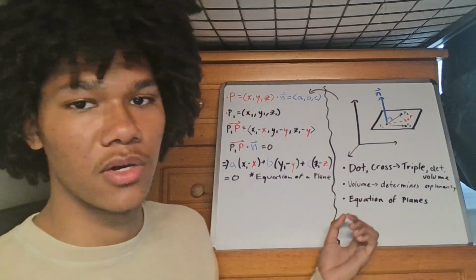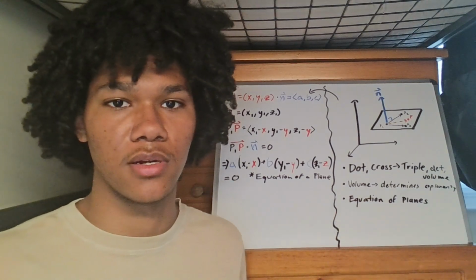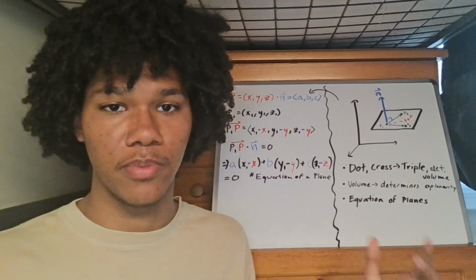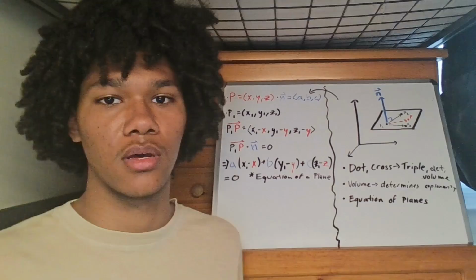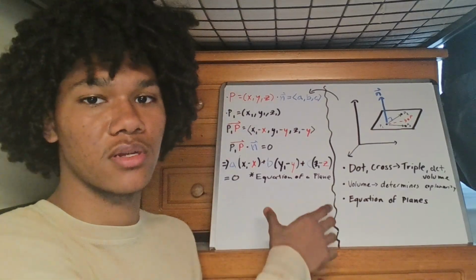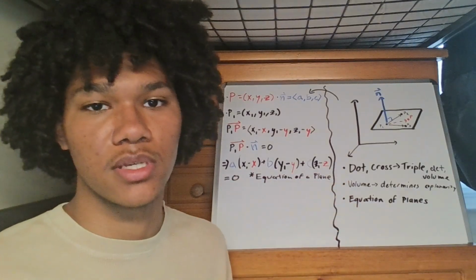And from that, we derived the equation of a plane. So when we're given a normal vector to a plane and a point that's on the plane, we can determine an equation that describes the set of all points that are in the plane.